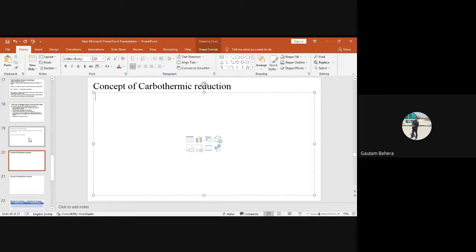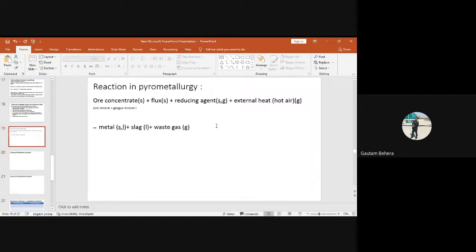Now, concept of carbothermic reduction. Okay, I will explain about this pyrometallurgy again. Anyways, now I can write reduction or smelting in pyrometallurgy.